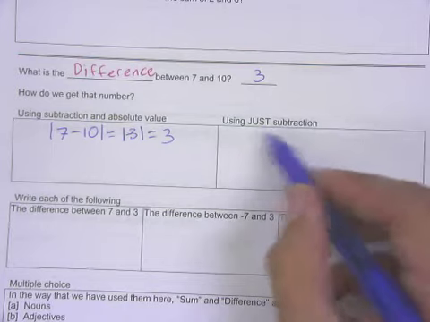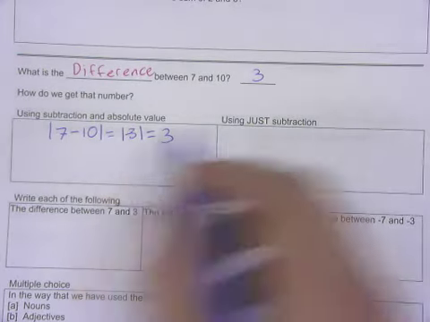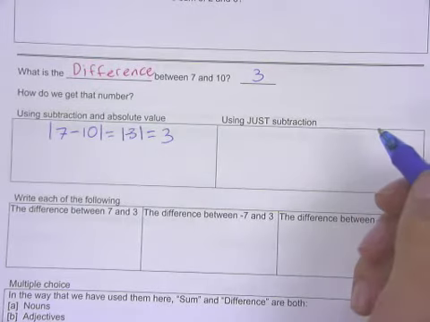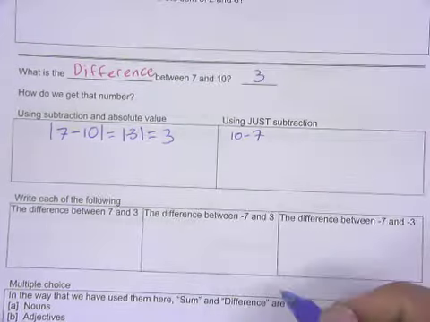If we want to just use subtraction, we can. We just have to be careful, right? The order matters now. We can't do 7 minus 10. We would have to do 10 minus 7.